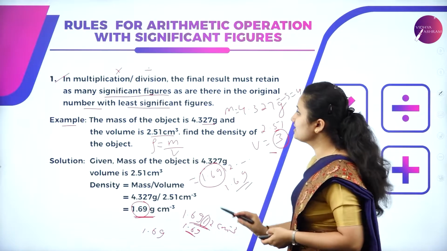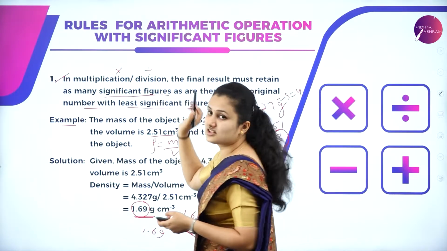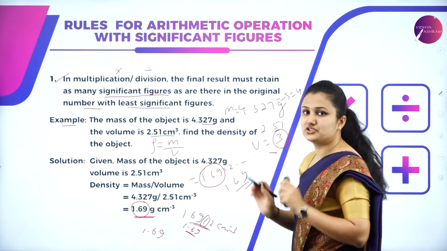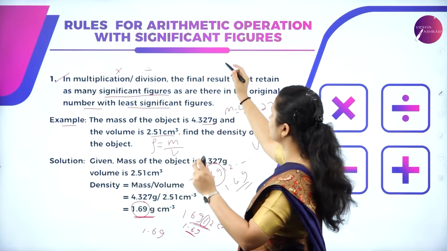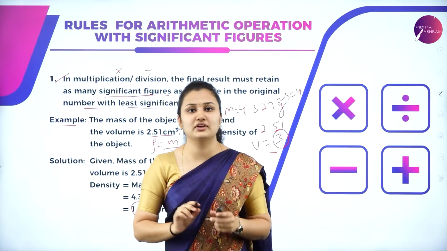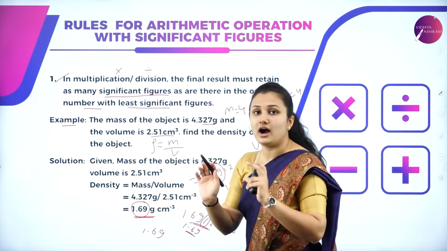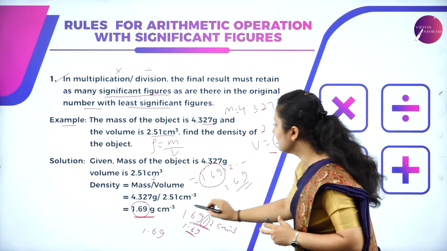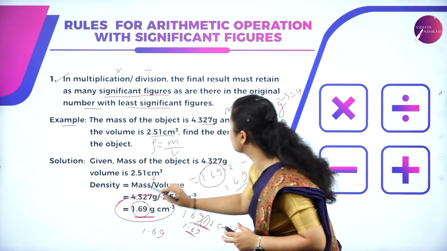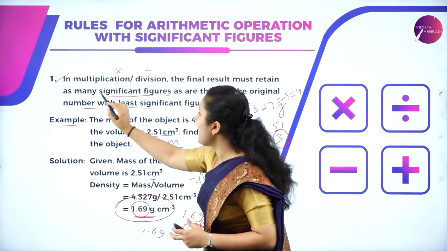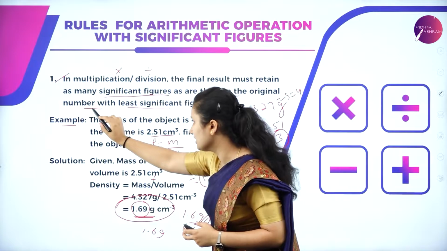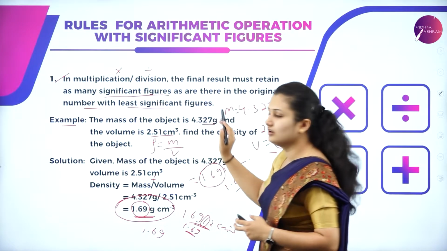So, this is the rule for significant figures in case of multiplication or division. The rule to be followed for arithmetic operations with significant figures: you understood? Either you divide or you multiply, the final result must retain as many significant figures as are there in the original number with the least significant figures.